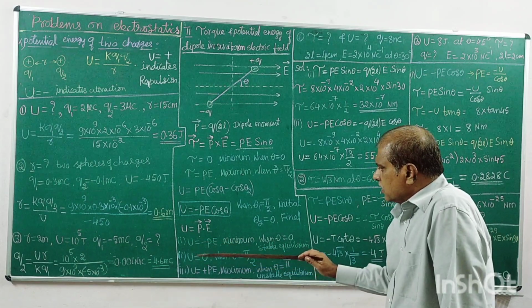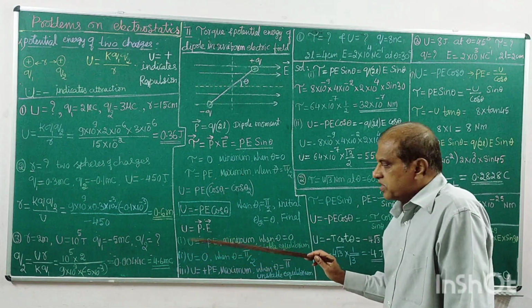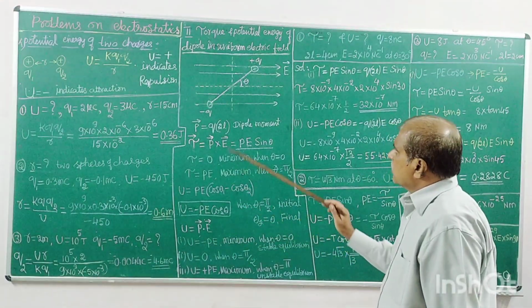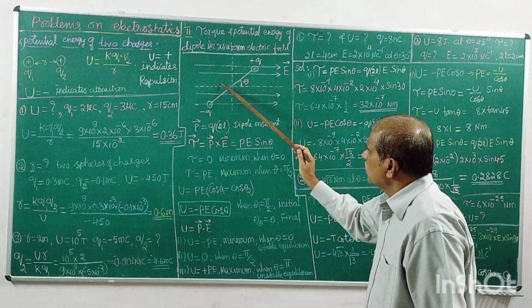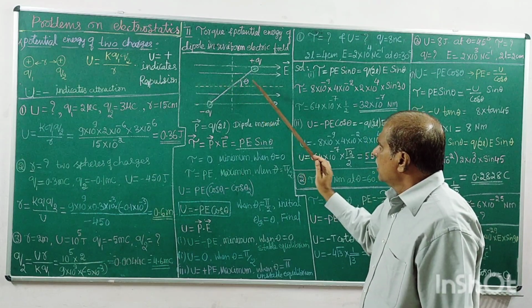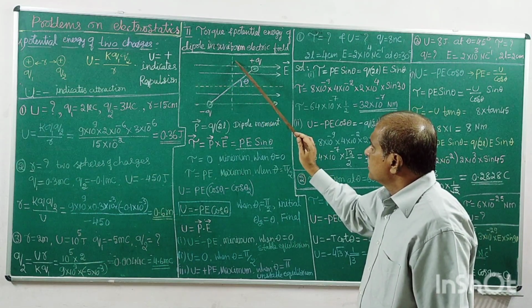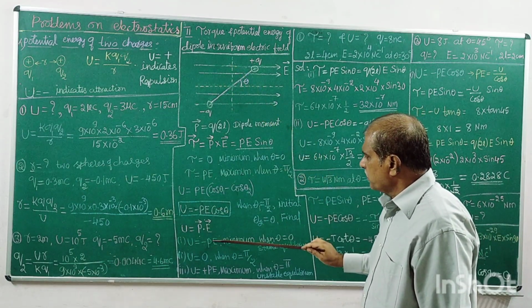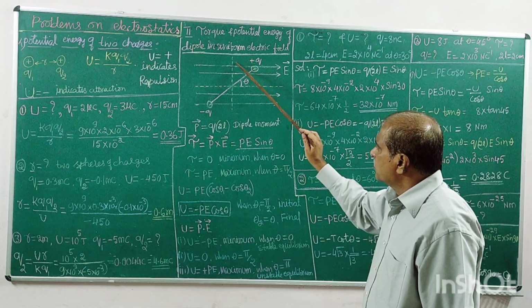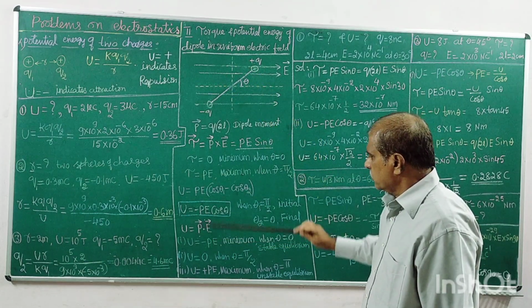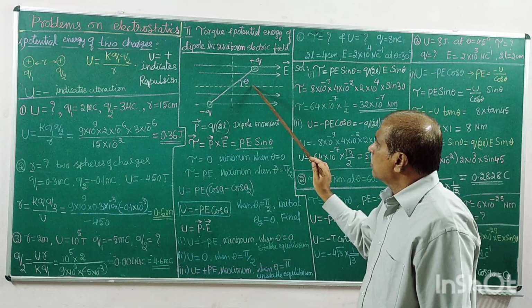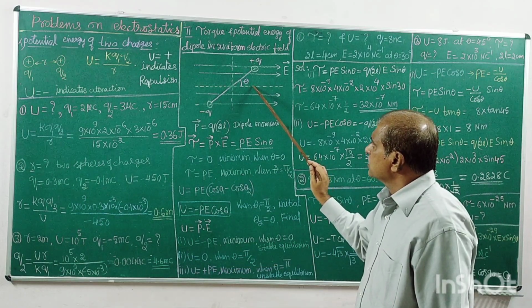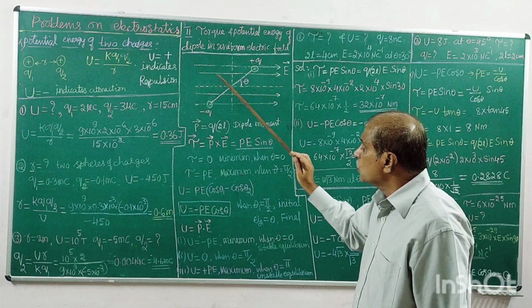Potential energy: the total potential energy that will be stored in the system if you rotate from this point to this point, 0 to pi degrees. From this point to this point is PE, that is one PE. Again from this point to this point, one more PE. So the total potential energy stored in the system if you rotate from here to here is 2 PE.